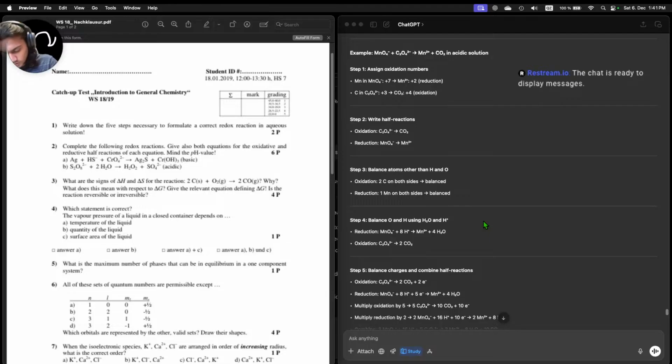So calculate the oxidation numbers and separate. Assign the oxidation number.